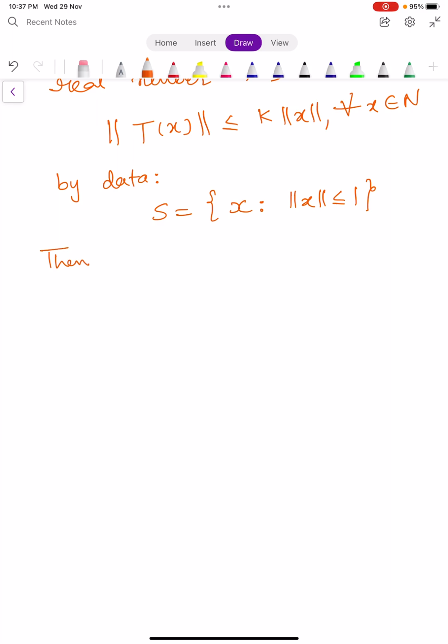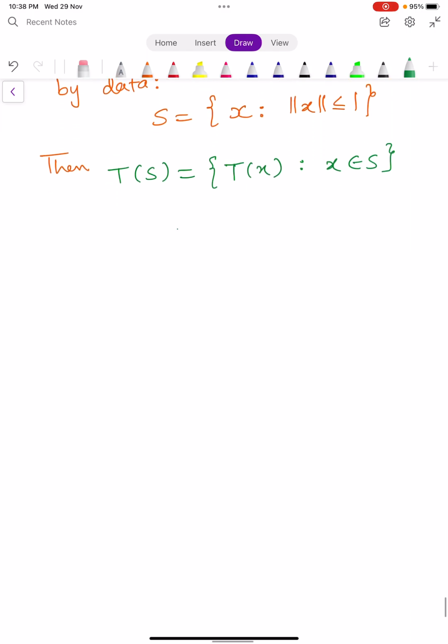Now write the image T of S. T of S is equal to the set of all images T of x such that x belongs to S. For x belonging to S, norm x is less than or equal to 1.